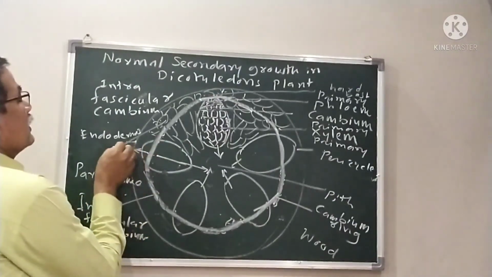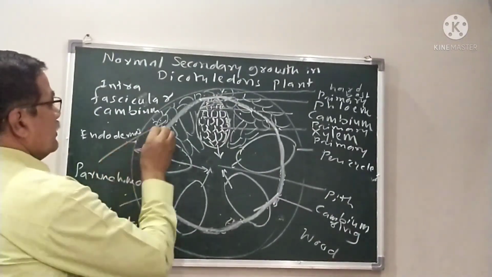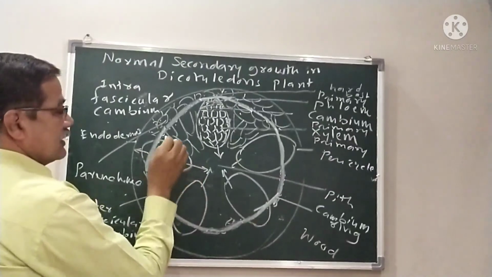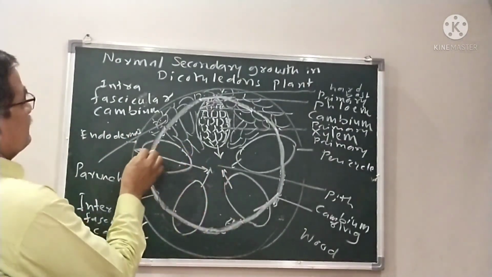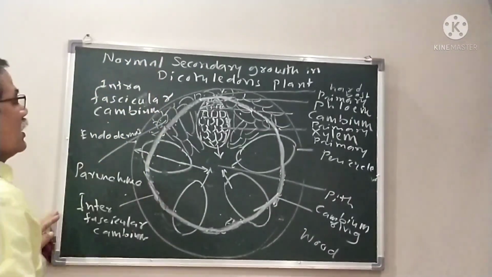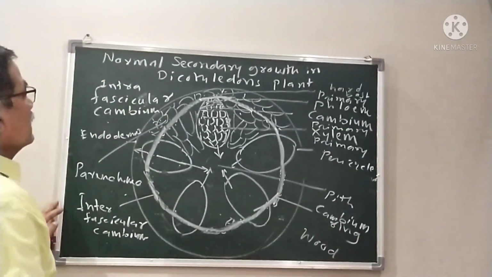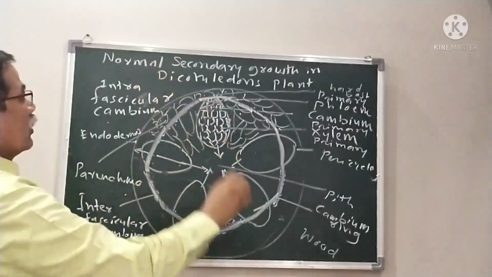The major portion is pushed towards the inner side and the smaller portion towards the outer side. This is the fascicular development, or stelar development, of dicotyledon stems.